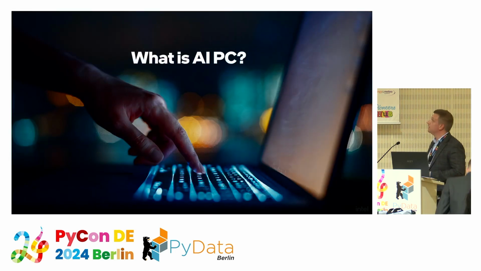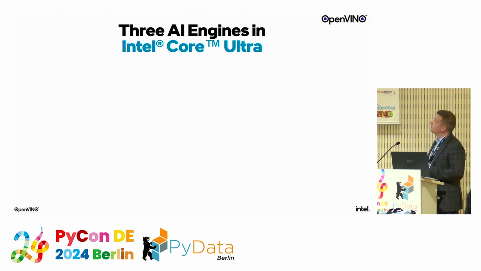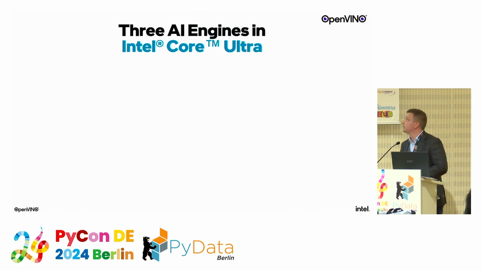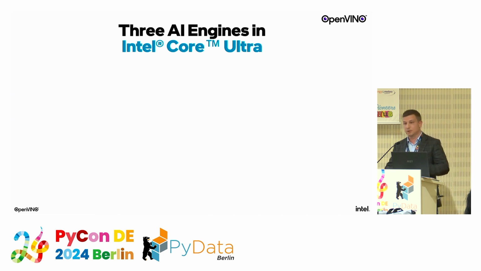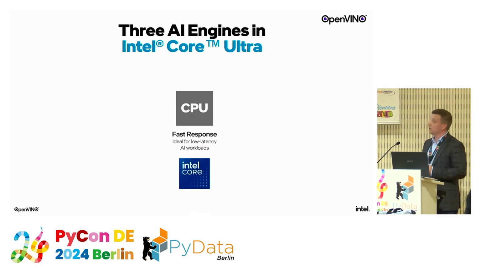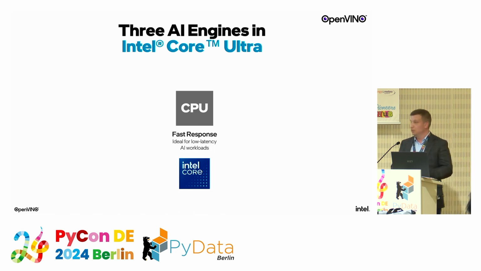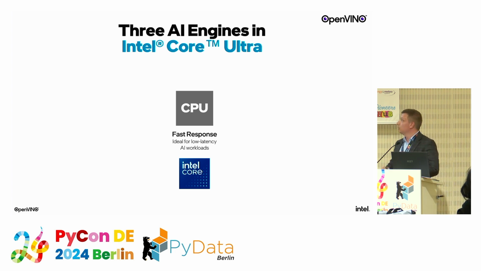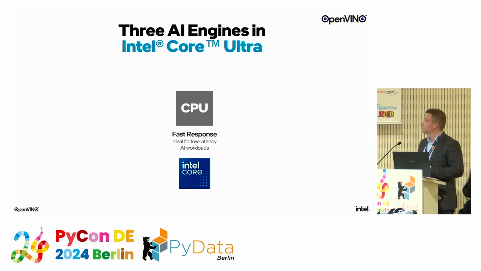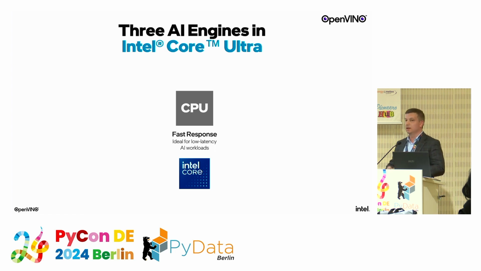So what is the AI PC? Last December, Intel released Intel Core Ultra. This is a new generation of Intel processors, and it consists of three AI engines. The first one is a CPU, central processing unit, in the center of this slide, so we can run AI on this, and this module is good for AI workloads with low latency requirements and a small number of parameters.